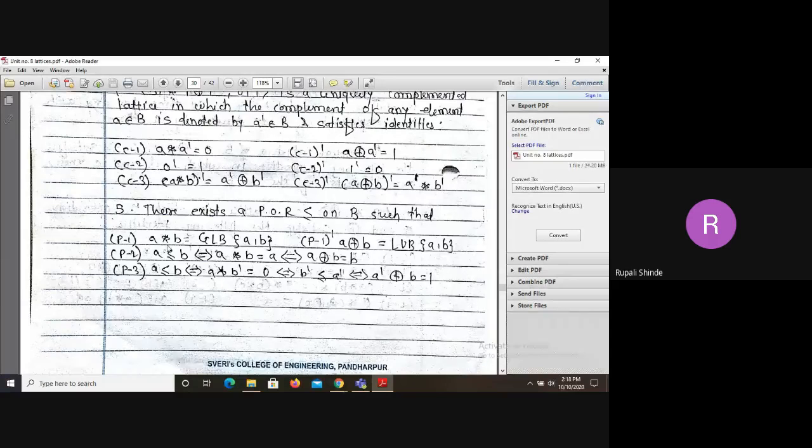So the first property: A star B. In the lattice itself we have seen the meaning of A star B. This is the greatest lower bound of A and B. Now its complementary part we can write as A XOR B, which is the least upper bound of A and B.